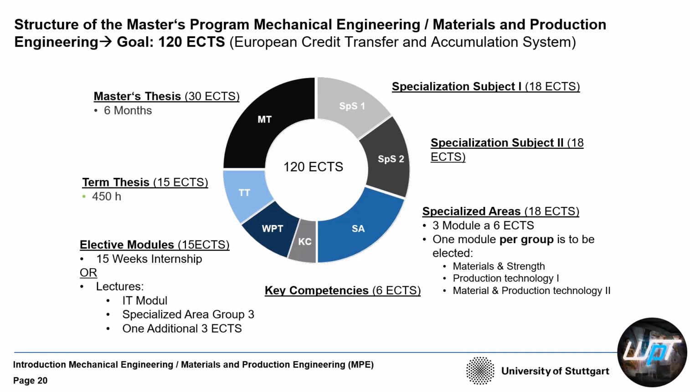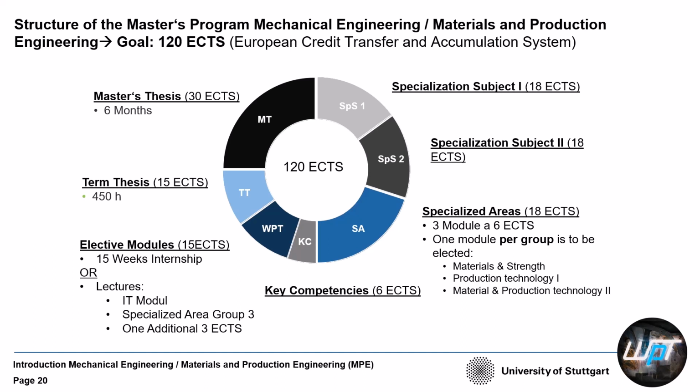A very short contribution is given by the key competences, completely different from your study. You can choose, let's say, economics or strategy, or you can choose, let's say, some special things in programming, or you can deepen your knowledge in AI or so. So there are different choices and opportunities in KC, in key competencies.